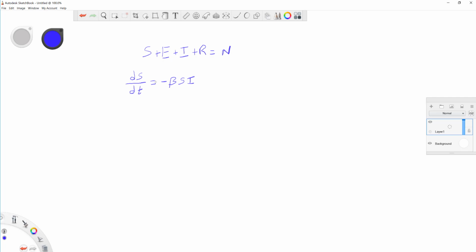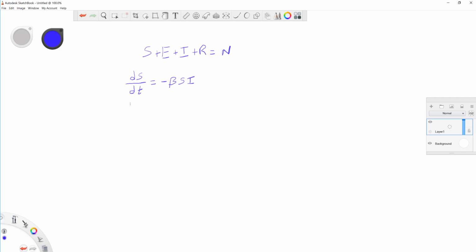So it depends on the number of infected people, and beta here is the average contact rate of the population. If the average contact rate is pretty high, then obviously you're going to have a big change in the number of susceptible, and the opposite is also true.